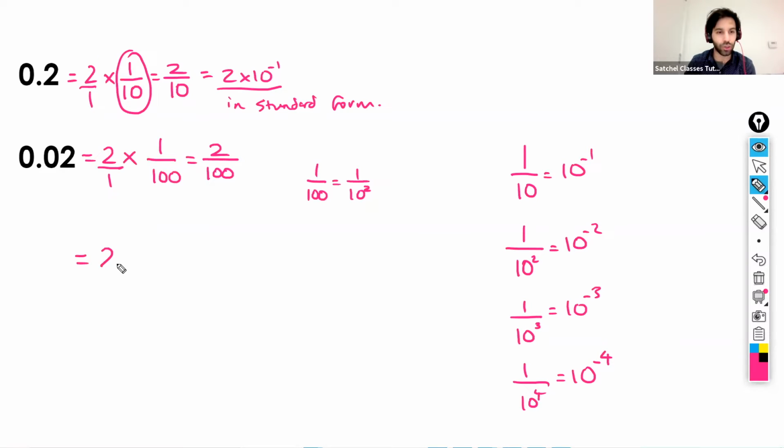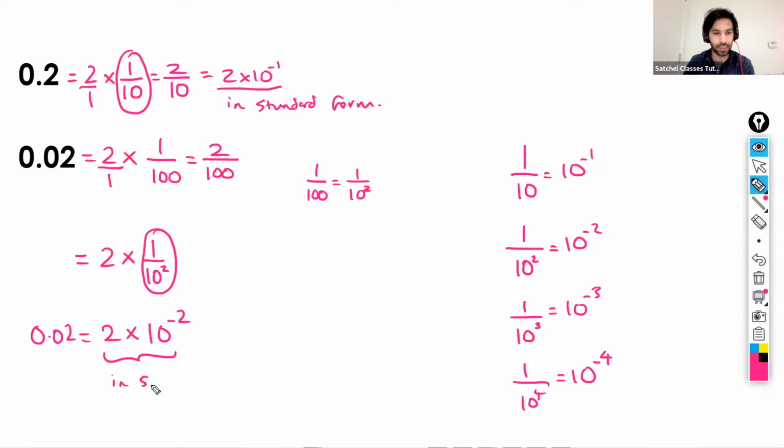Well, that's the same as 2 times 1 over 10 squared, which is the same as 2 times, well, 1 over 10 squared is 10 to the power of minus 2. So 2 times 10 to the power of minus 2 is equal to 0.02, and this is in standard form.